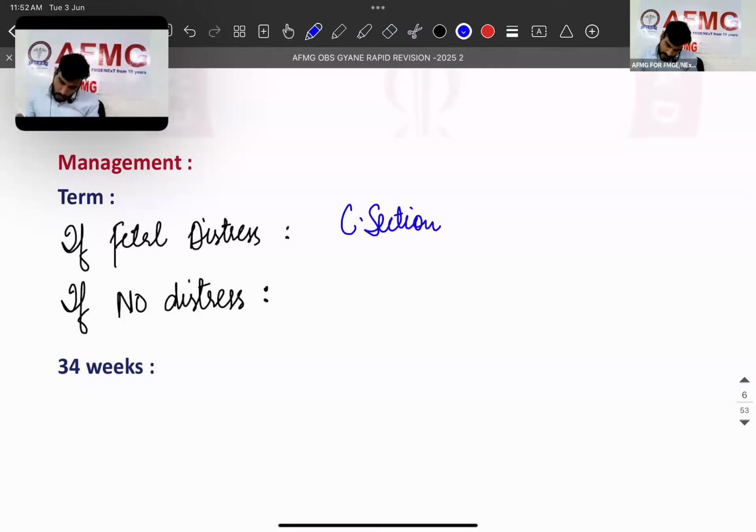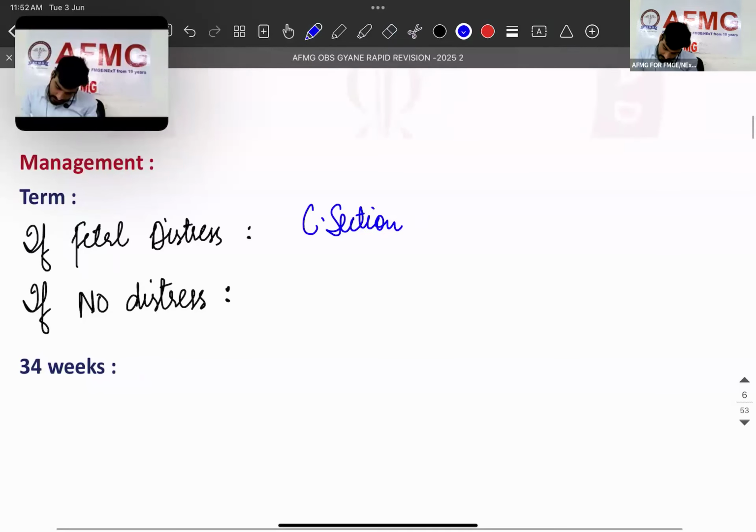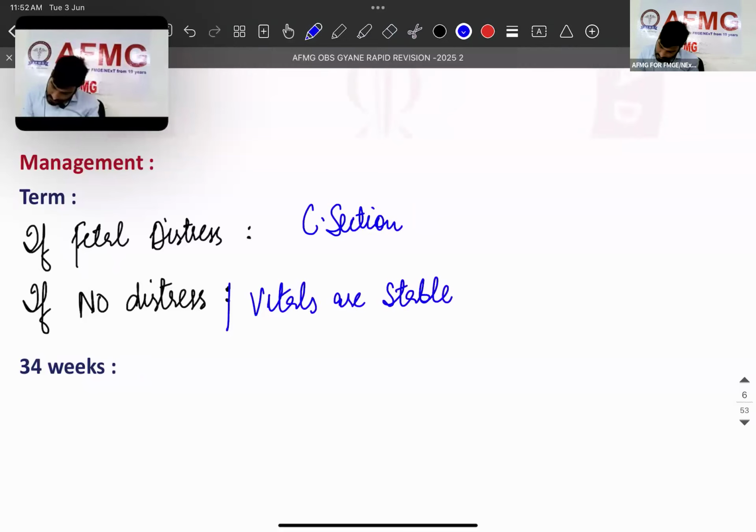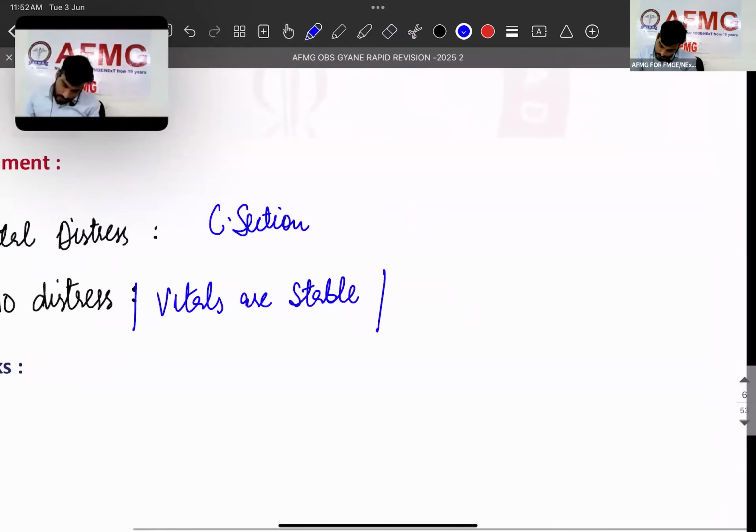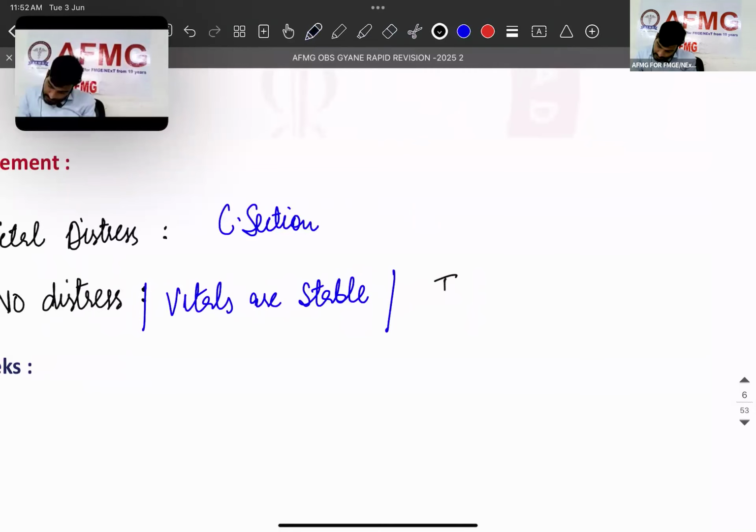If no distress, that means vitals are stable. Okay, what will you do? Induction of labor with artificial rupture of membranes, and then you will go normal vaginal.